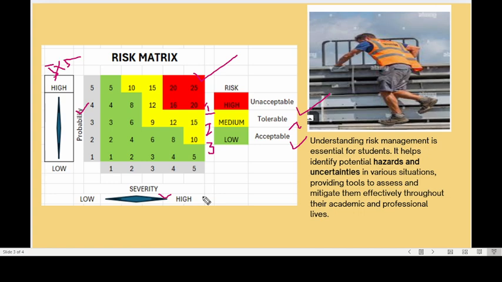Let's take a practical example to understand how HIRA and risk matrix work. I put a picture on the right side. You can see a person is working at height. On another side scaffolding is available, but he is working outside the scaffolding platform without wearing a safety belt or safety helmet, and not having any lifeline.